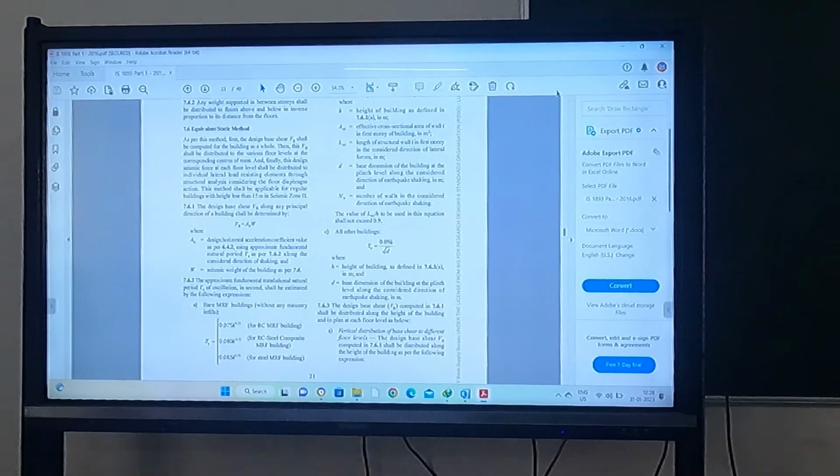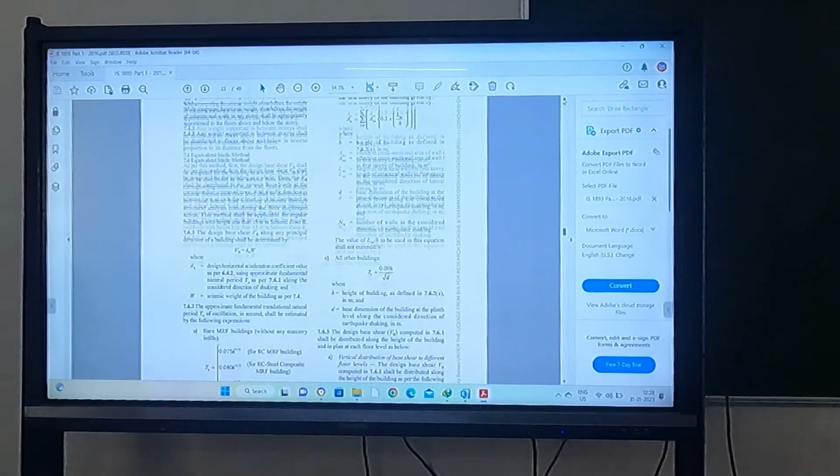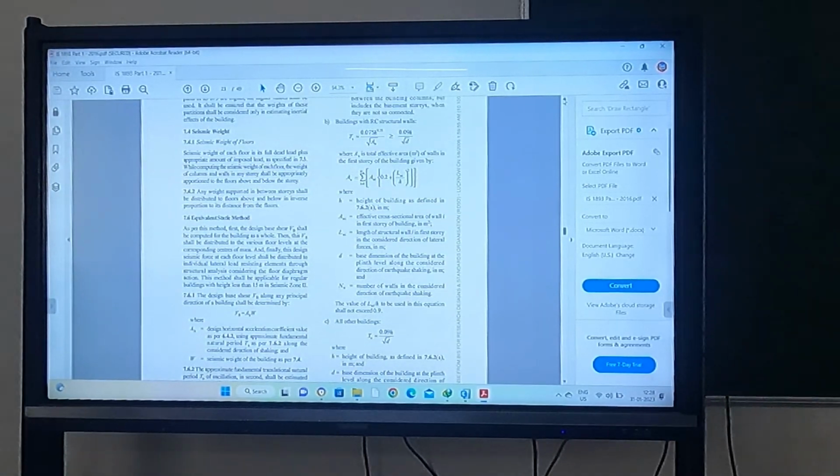Let's see what are the other formulas. Here we have in option B, building with RC structural wall. It means if you add the shear wall to the building. Now we do not have any shear wall, so this formula will not apply. And next option you have all other buildings. It can be anything other than these two classes.